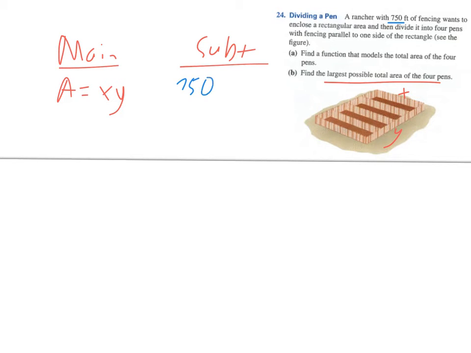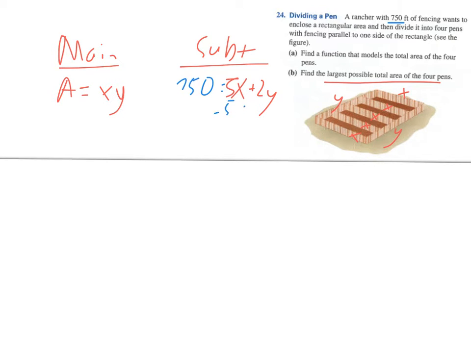So I know that I have 750 feet of fence. And I just need to count out how much fence I need here. So I see that although this is X, I actually have another X right there. X, X, and X makes 5X. And then I have another Y over here, so I'll need 2Y of fence. So you can see by the picture that that's what I need for the fence.